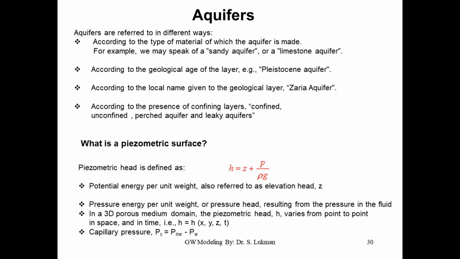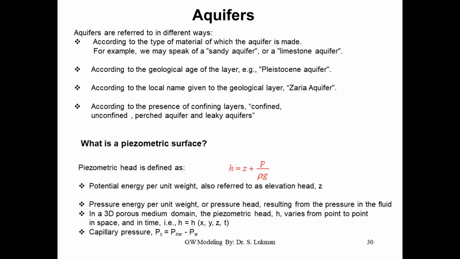Now, piezometric head is defined as potential energy per unit weight, also referred to as elevation head Z, plus pressure energy per unit weight, or pressure head, resulting from the pressure in the fluid.